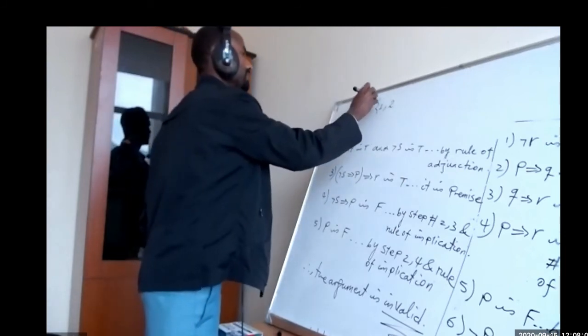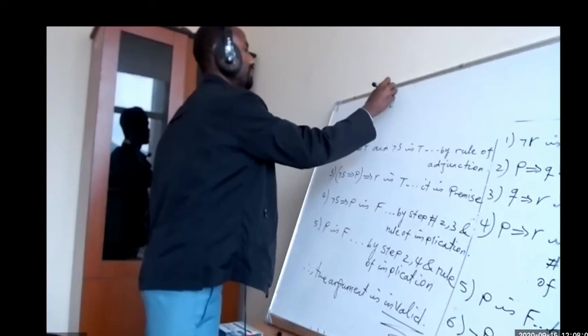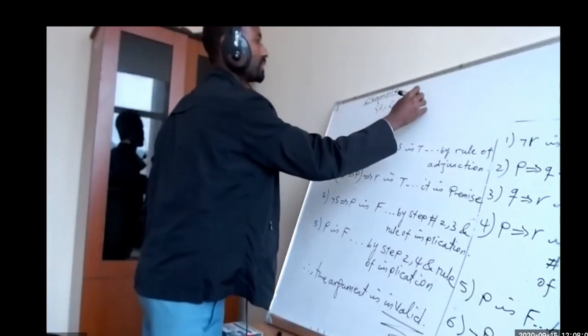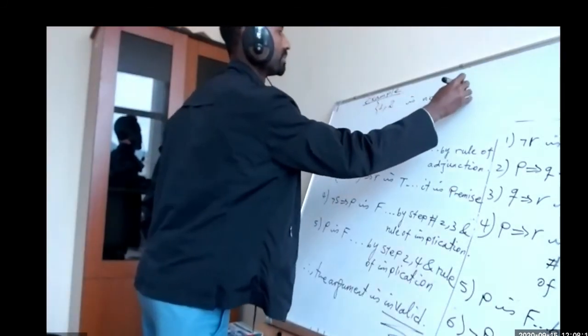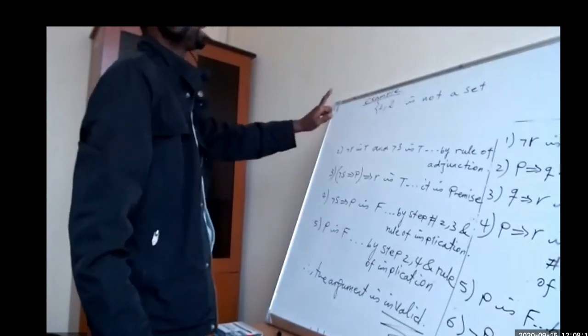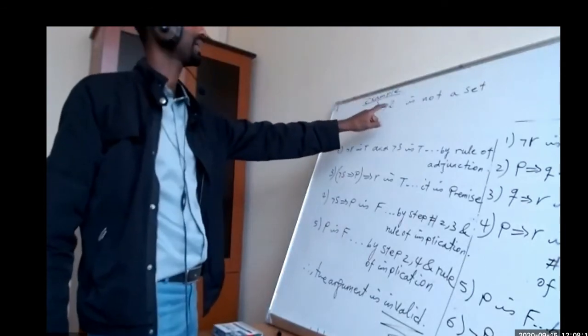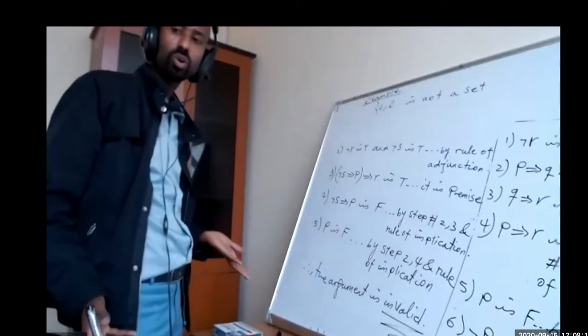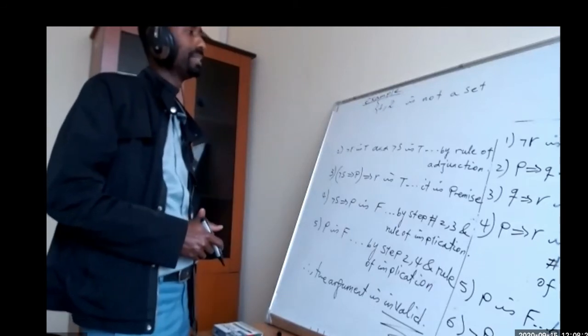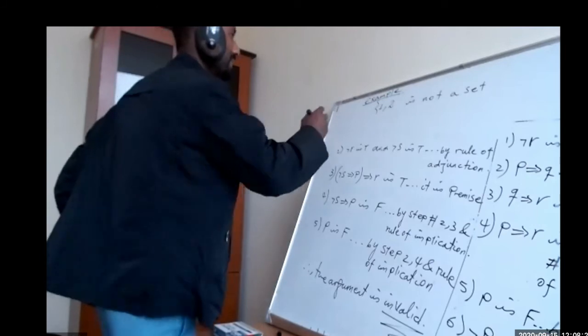This is an example. This is not a set. Why? Because it has an opening brace but no closing brace. So this can't be a set.